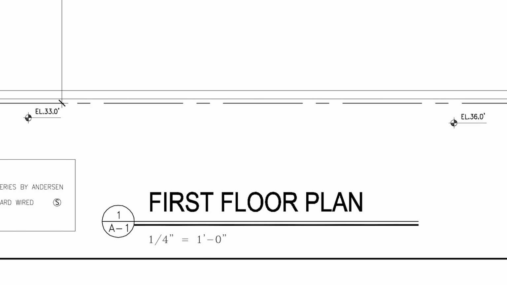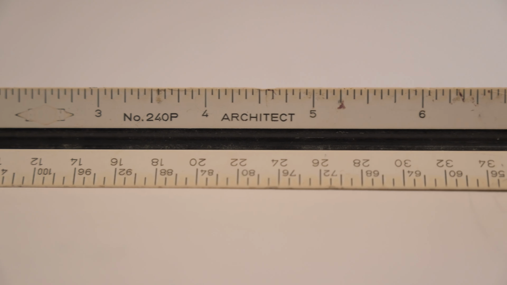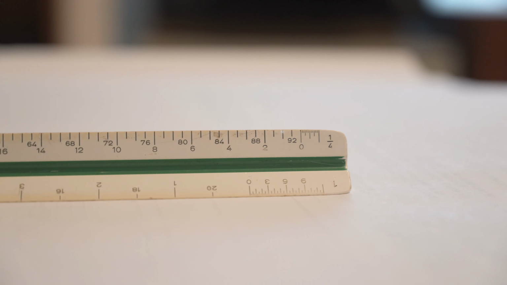So if you need to measure some dimensions, you can simply use an architectural scale. This is an architectural scale, which anybody can buy at Office Depot and Staples. You can look and find which one is 1/4 inch. So each one of these is 1 foot: 1, 2, 3, 4, 5, 6.